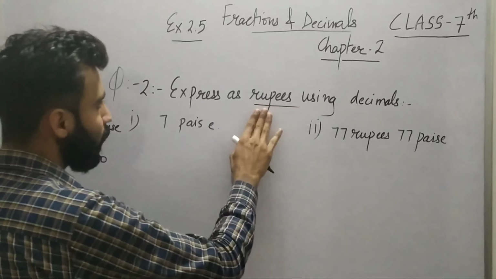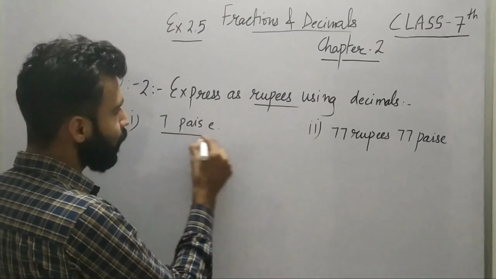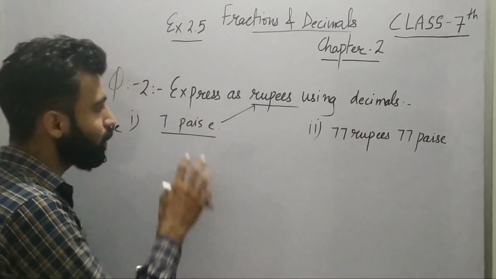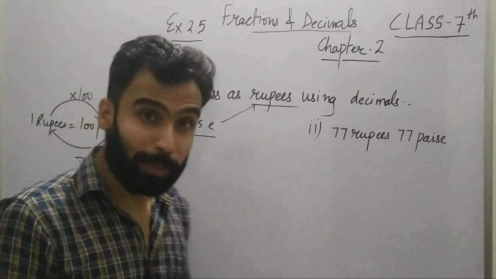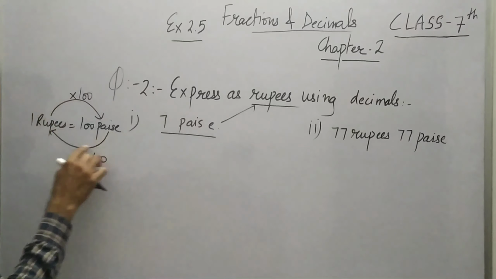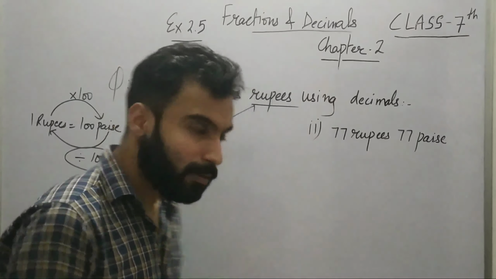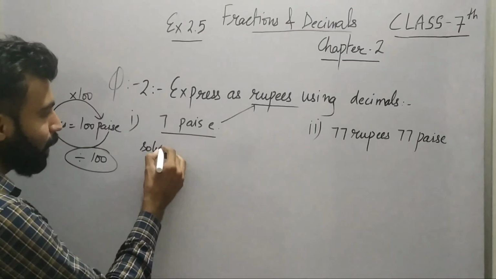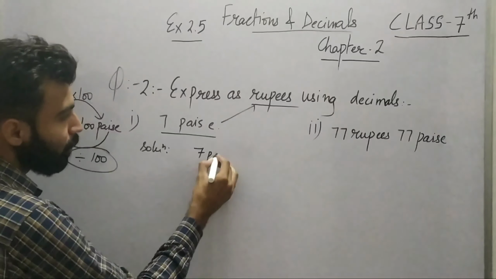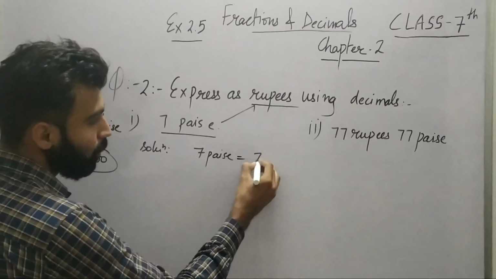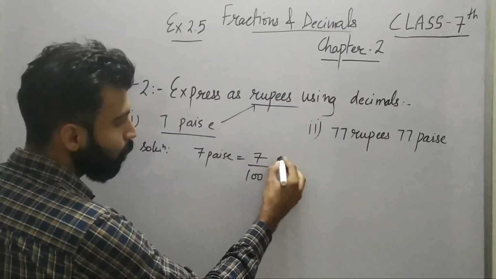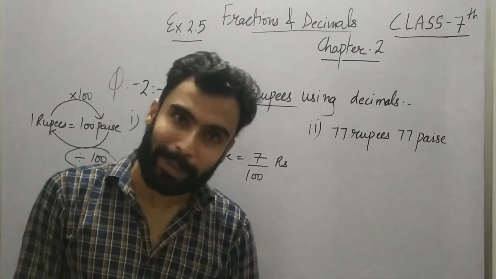So if I just look at here, we have to express this paisa into rupees. So to convert paisa into rupees, we have to divide that value by 100. Simple. So what we are going to do is simply divide this 7 paisa by 100 and it will get converted into rupees.